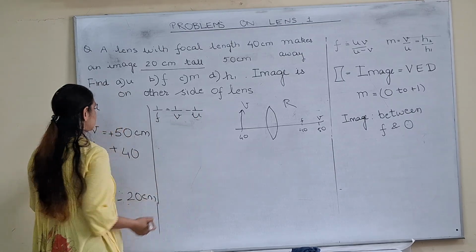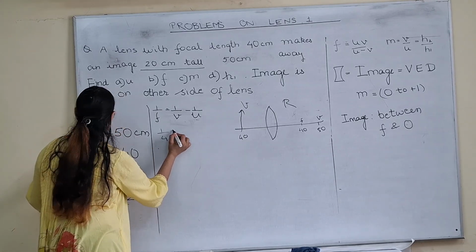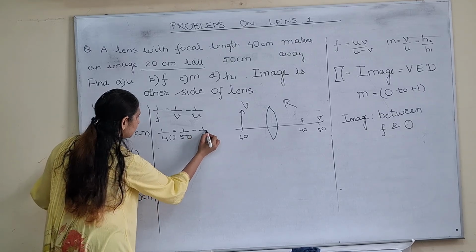I'm taking this one this time, just for a change. So 1 by 40 is equal to 1 by 50 minus 1 by u.